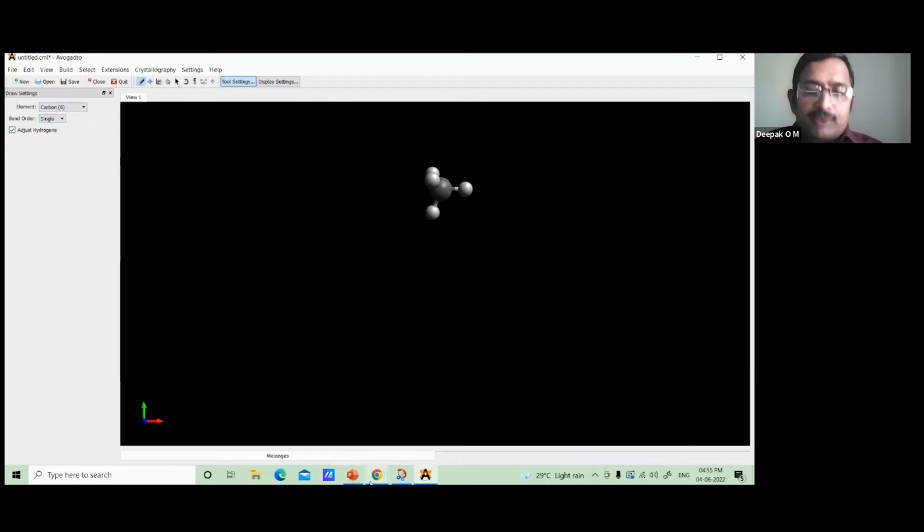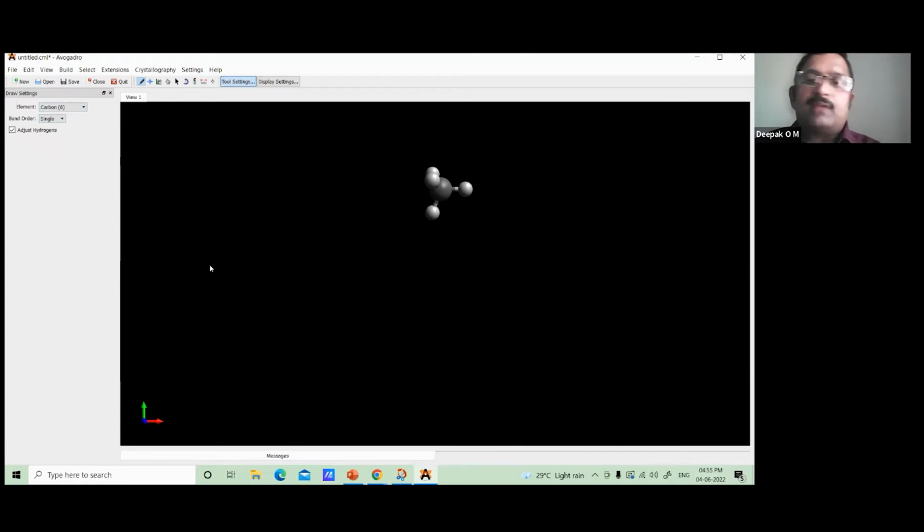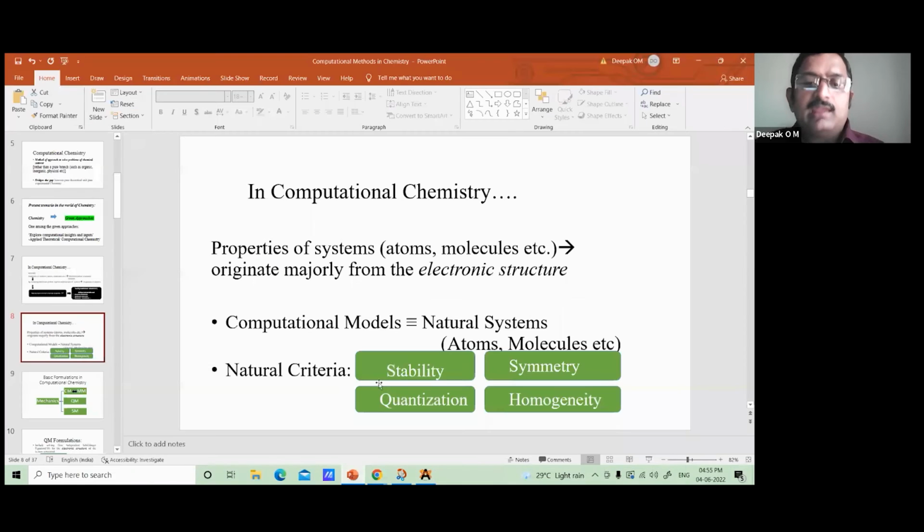This is basically a computational model of that molecule. For example, if I take oxygen and do it, this is a computational model that you can take up for a water molecule. If I go for nitrogen and do it, this is basically your NH3 molecule, isn't it? This is the way in which you generally construct computational models.